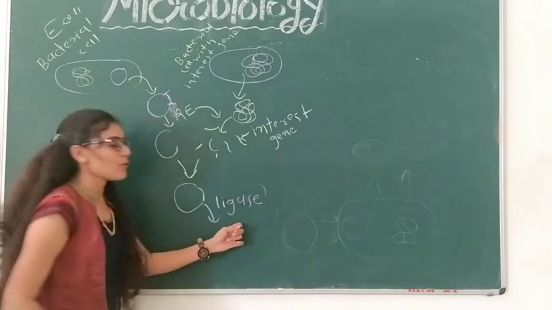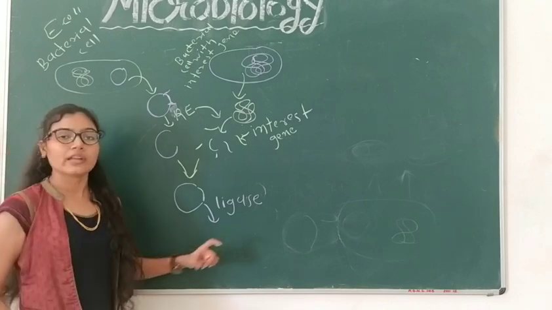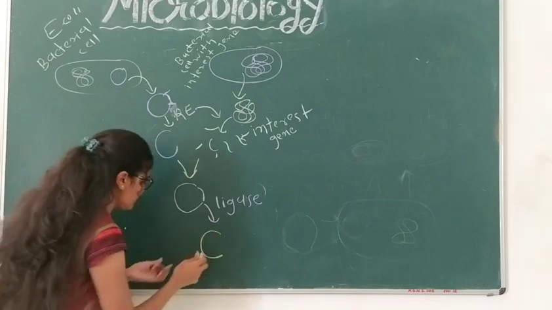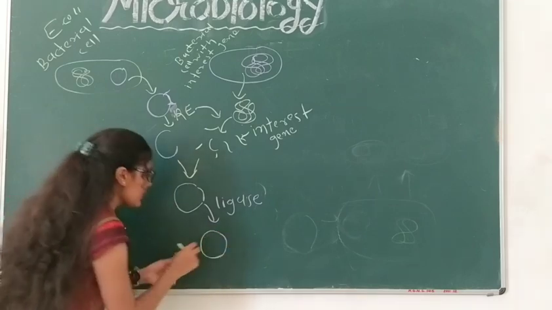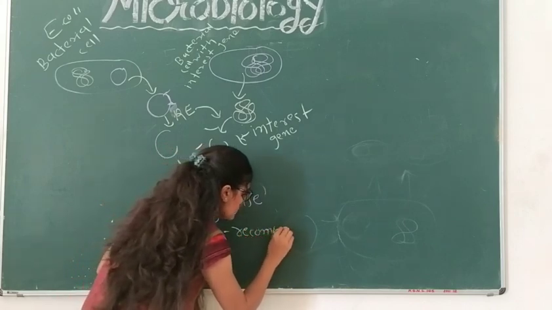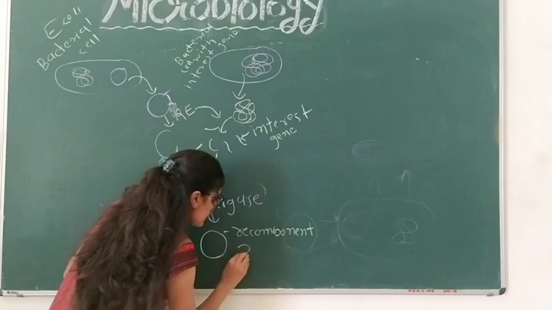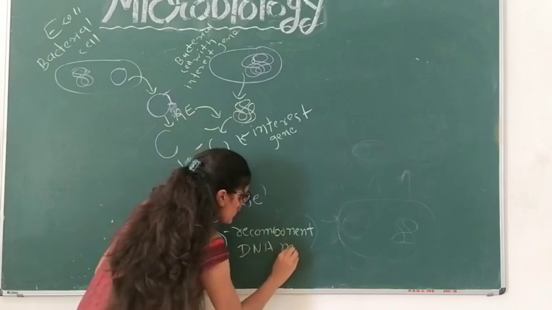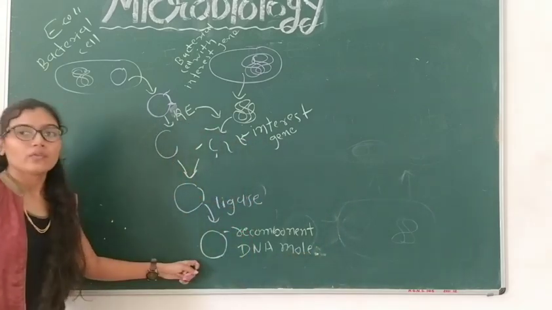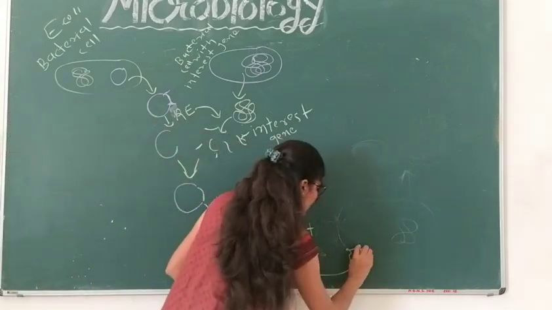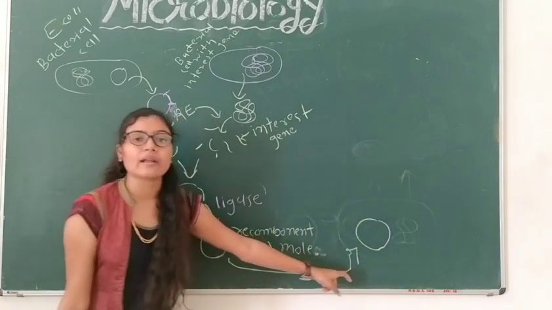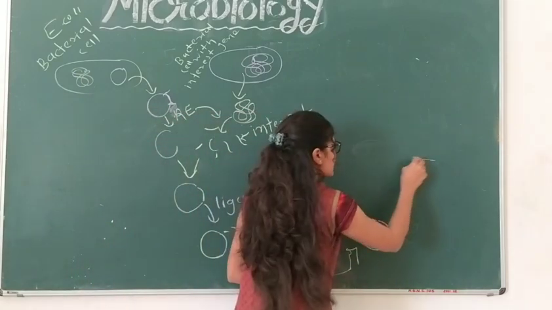Ligase enzyme is used for the ligation and recombination of two different DNA molecules, and it will form recombinant DNA molecules. Now that recombinant DNA molecule we will transfer into the bacterial cell.